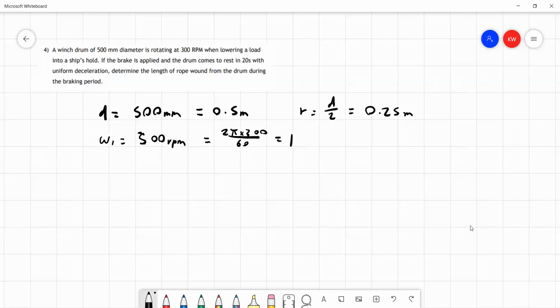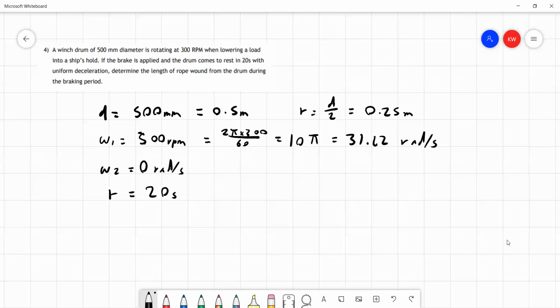So that works out as 10 pi, or if we want to calculate it out, 31.42 radians per second. We are told that it comes to rest, so we know omega 2 is going to be equal to 0 radians per second, and we're told the period of time for which this will come to rest is 20 seconds. And we're asked to find the length of rope that's unwound in this time.